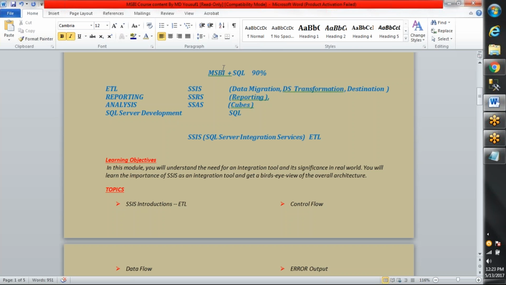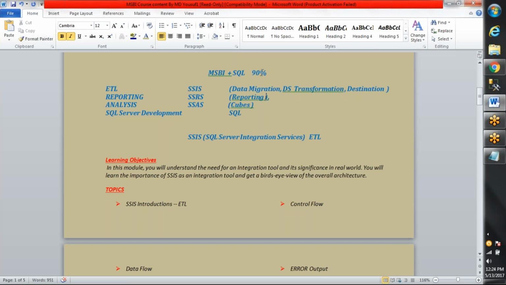If you go with any ETL technology, let's say DataStage, you might not know which other database the company will make you work on. He may make you work on Teradata, he may make you work on DB2. It's not the case in MSBI. Sources may be different, but at the end of the day, the destination you would see 90% of the time is SQL.